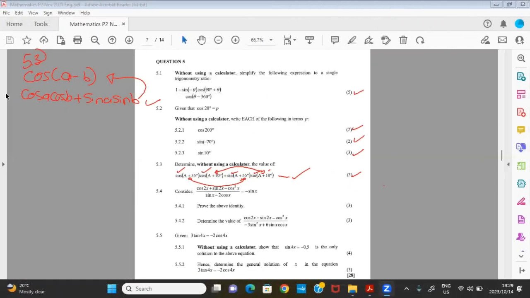And I have now cos, and be careful, of (A plus 55 degrees) minus (A plus 10 degrees).